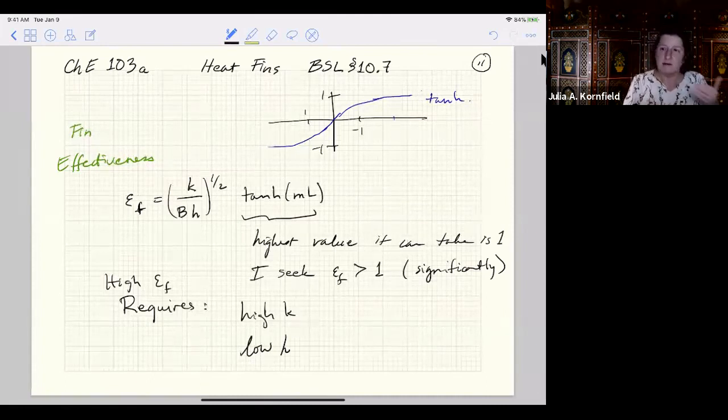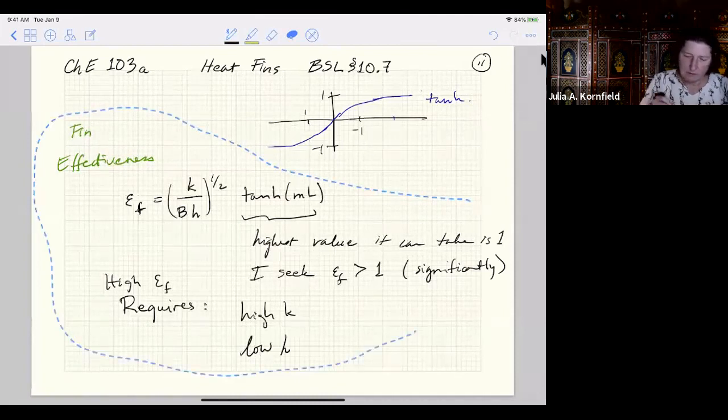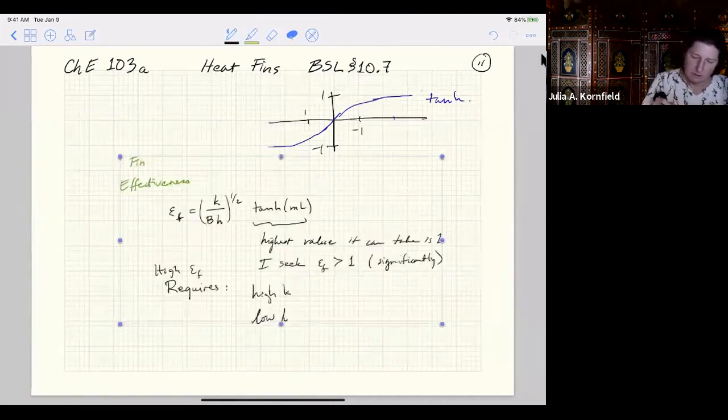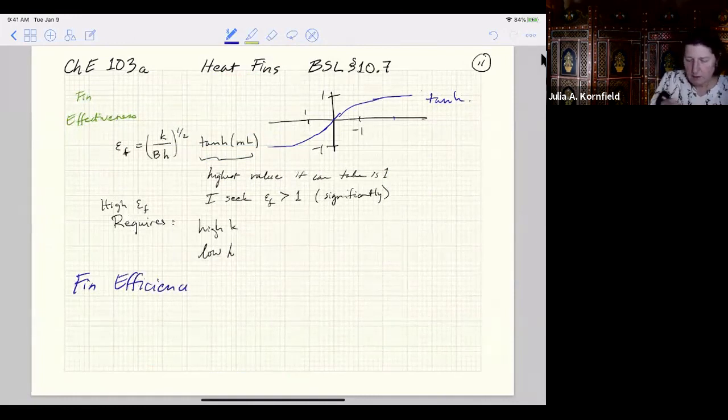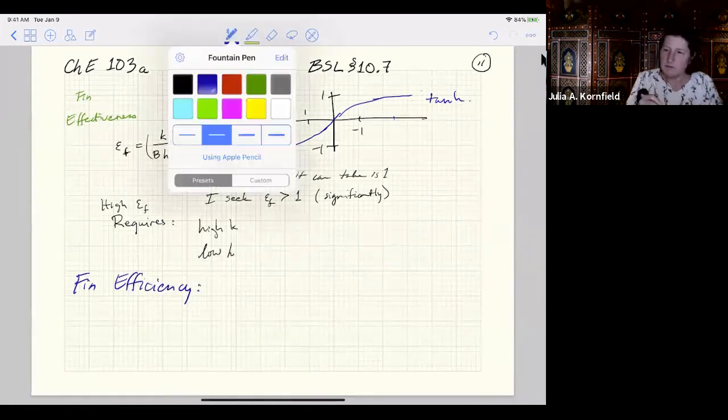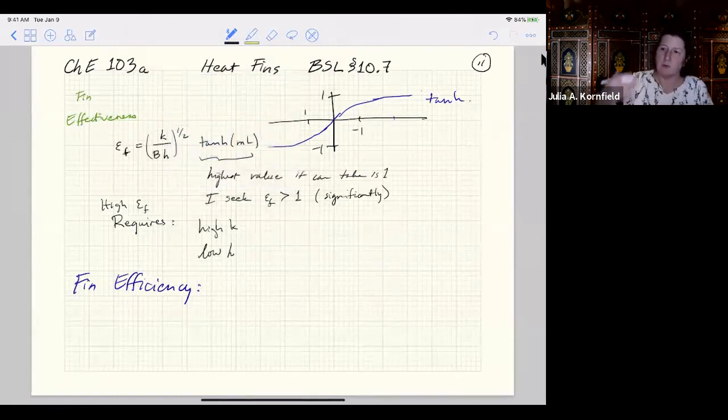The measure you need to decide whether or not to make the fin any longer is something that's called the fin efficiency. So let's see, let's push all this down. That's effectiveness, fin effectiveness. And then fin efficiency. So the fin effectiveness gives me an idea of how much more energy I can move with a fin.